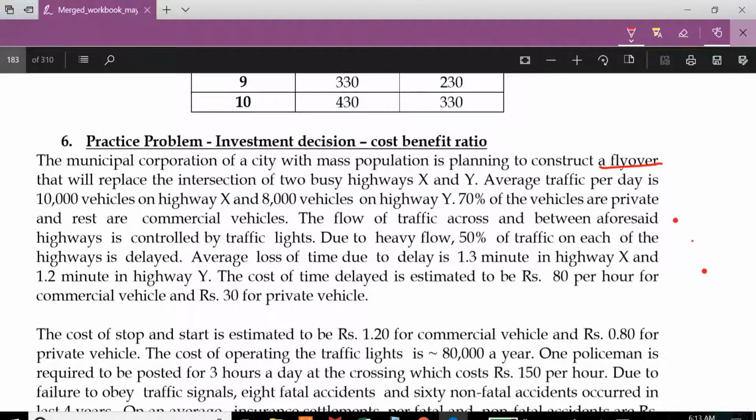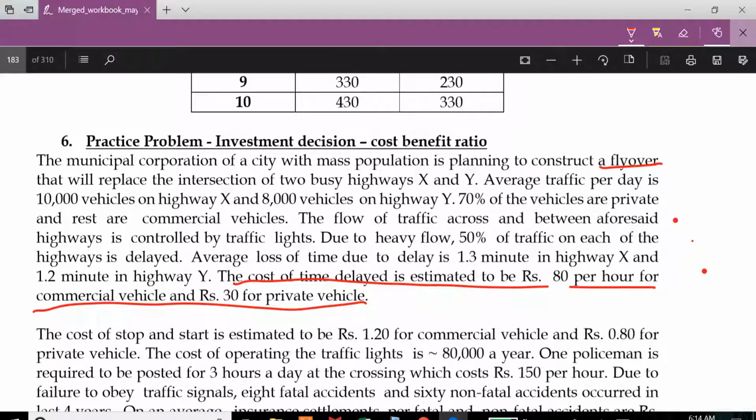The reason for constructing this is there is a traffic which is getting delayed, and if I construct this flyover, maybe I avoid this delay, and there is a time saving because they have value delay. According to them, if you delay, there is a value attached with the delay, 80 for the commercial vehicle and 30 for the private vehicle. This 80 per hour and 30 per hour can be saved.